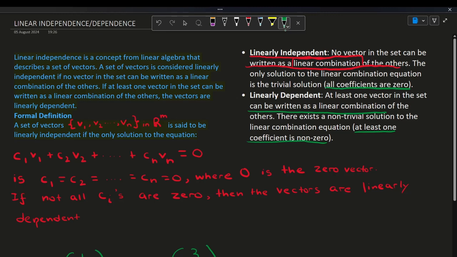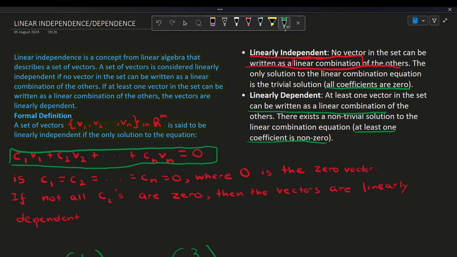Let me explain what these coefficients are and what it means to be written as a linear combination. This is the equation: C1 V1 plus C2 V2, and so on for however many vectors we have, should be equal to 0.